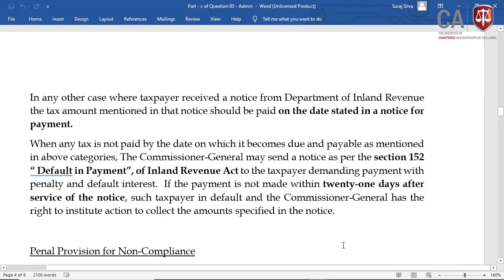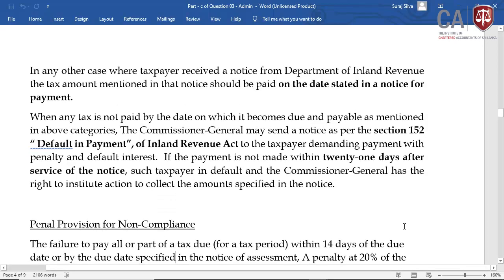In any other case where a taxpayer received a notice from the Department of Inland Revenue, the tax amount mentioned in that notice should be paid on the date stated in the notice. As per the notice, what is the date and what is the payment we have to pay.